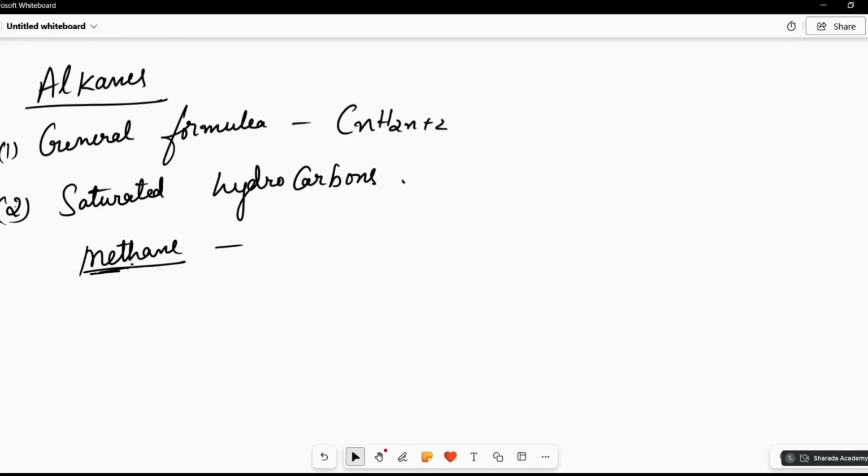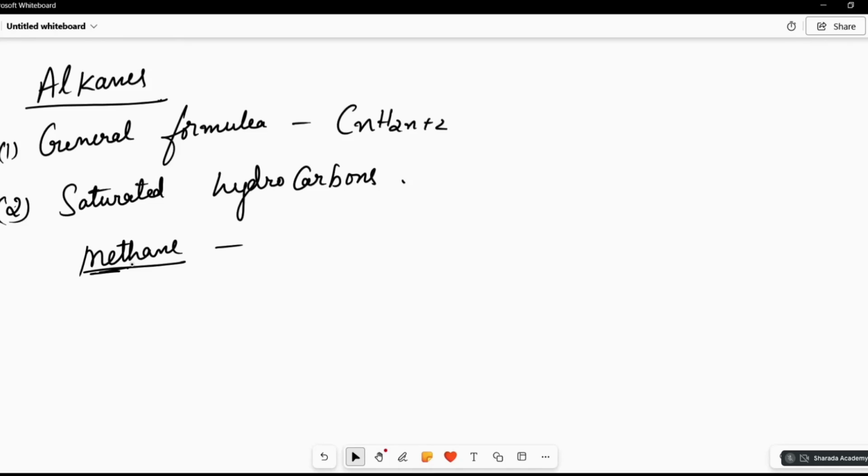So for naming also we use something called nomenclature. By that name you will be able to know about that compound. If I'm writing methane, by just that you will know how many carbon atoms are there, what type of bond is there. All this we will be able to know by its name. That is called the nomenclature of carbon compounds.